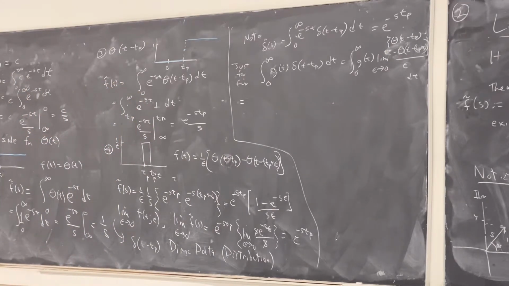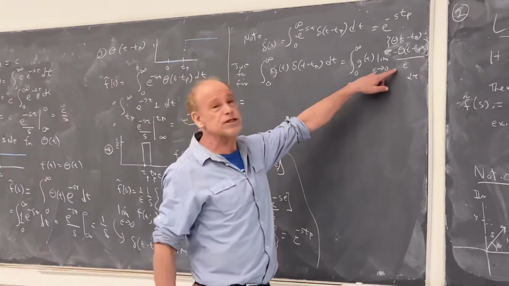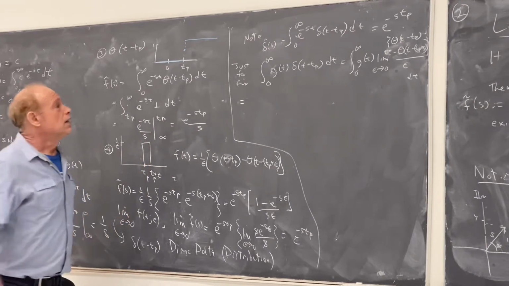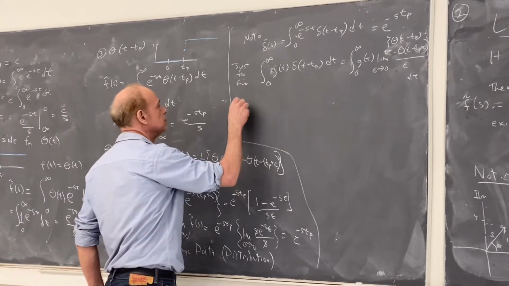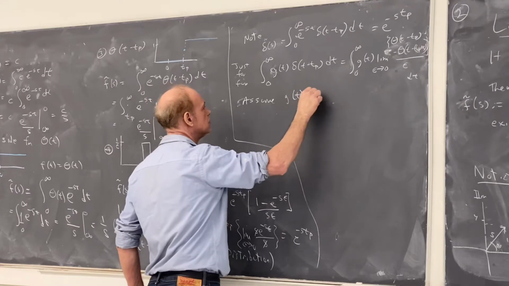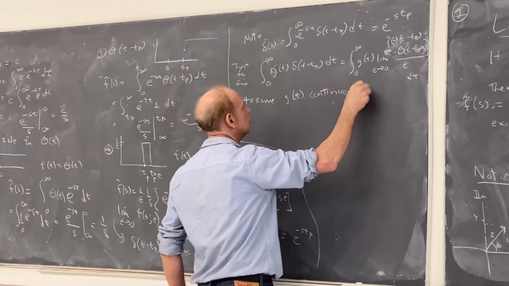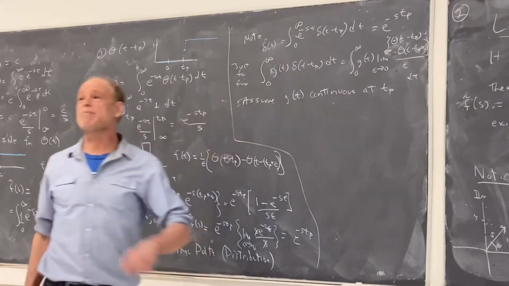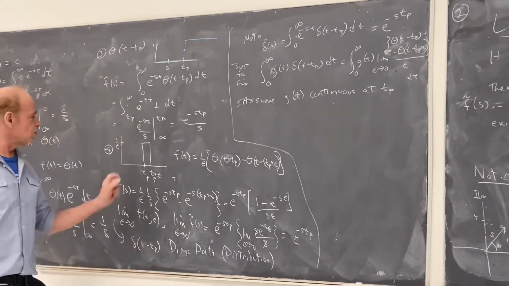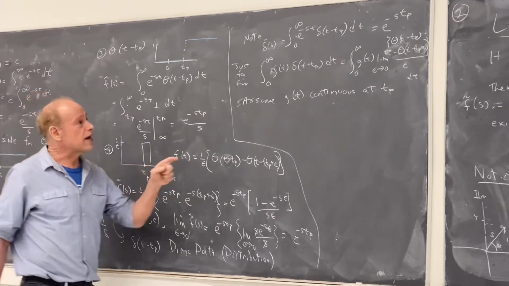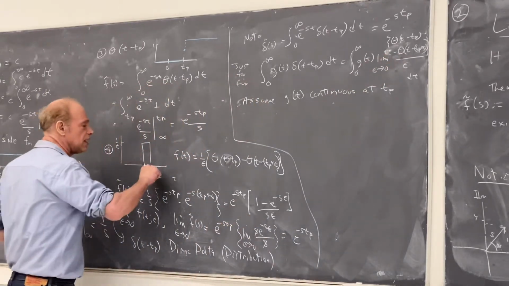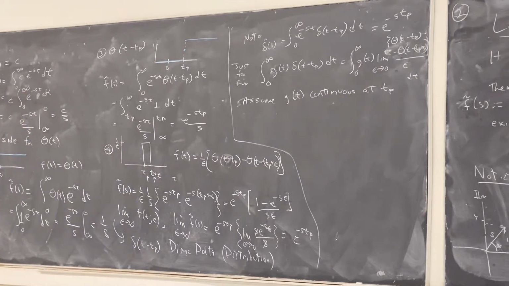Now, let's notice that in the limit, when epsilon gets small, this thing gets very thin. Here I assume that g of t is continuous at tp. So it's not making any big jumps at tp. Then what happens? I'm multiplying g by something that's 0 everywhere to the left of tp, and everywhere to the right of tp plus epsilon.